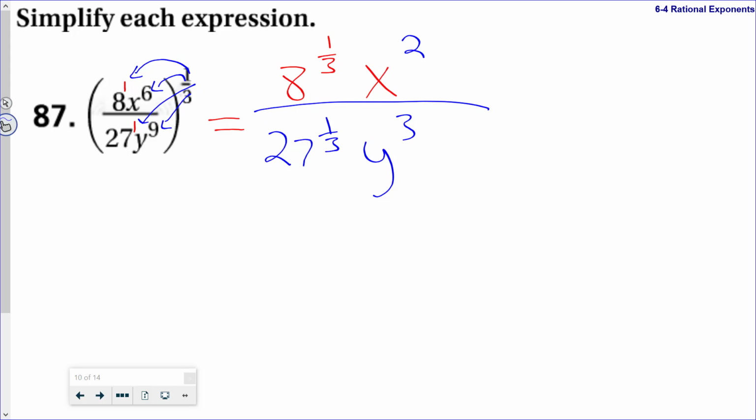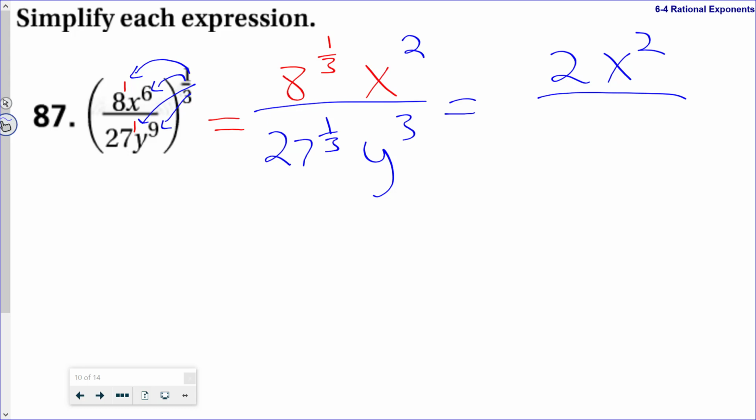8 to the 1/3 power. What is 8 to the 1/3 power? 2. So the 8 to the 1/3 is simply 2. x squared, you can't simplify x squared anymore.